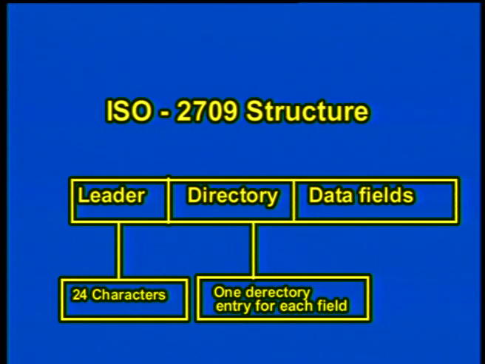So, supposing there are 20 fields, or 20 data elements, in a particular record, there will be 20 directory entries, and each directory entry is of a fixed length. Then you have variable data fields. In the data fields, the length can be completely variable. You may have some records which are only 2000 characters, and other records which can be 5 to 6000 characters. Now, this is an example of a bibliographic ISO 2709 format.